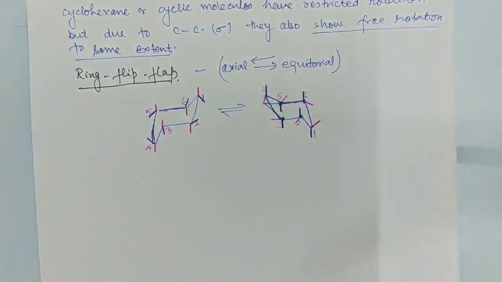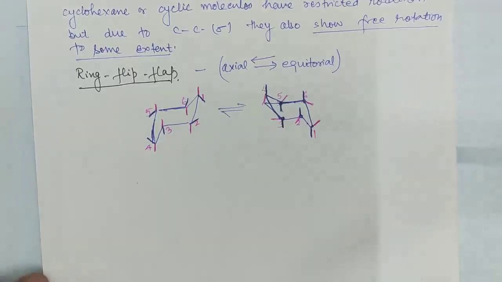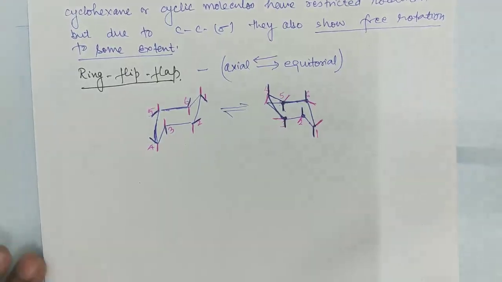If all the substituents are similar, all are equivalent, then both have the same energy. And if substituents are different, then both conformers may have different energy.